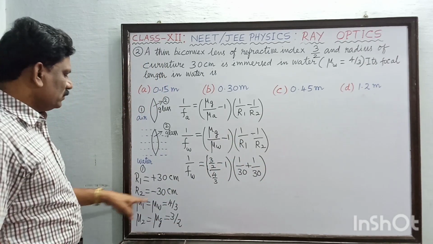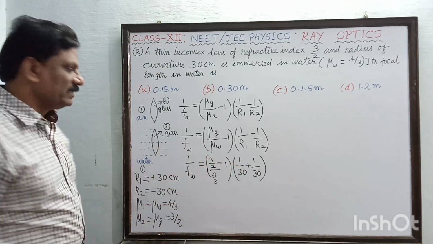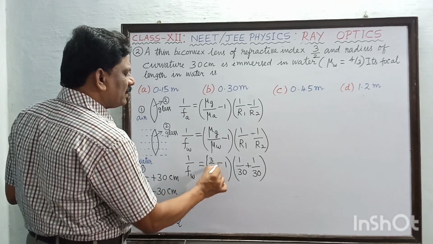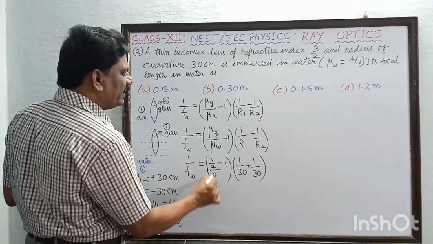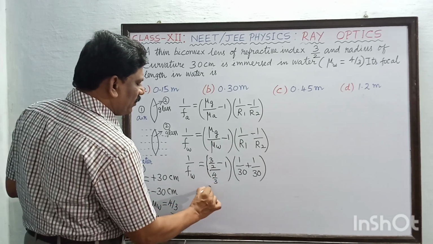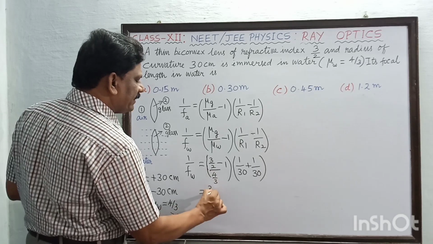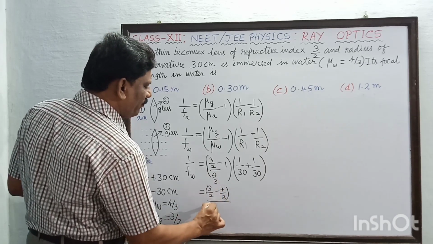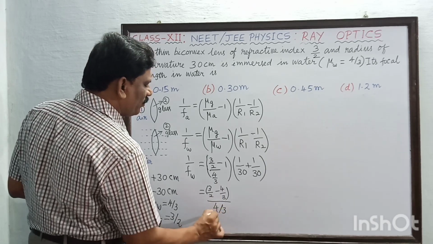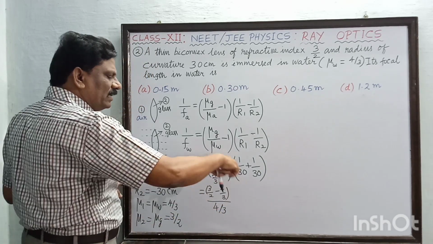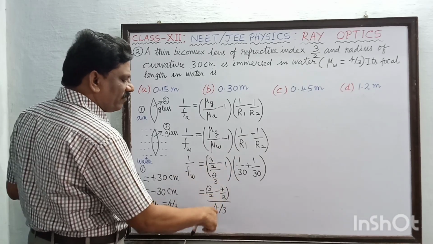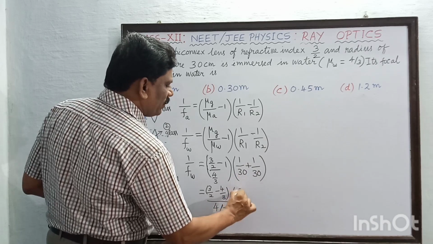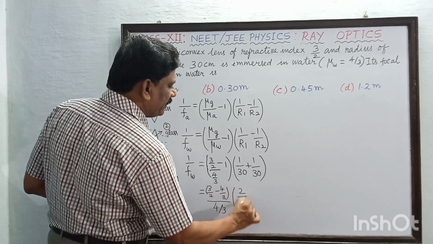So this is equal to 3/2 divided by 4/3, minus 1. Taking LCM, 3/2 minus 4/3, whole divided by 4/3, into 1/30 plus 1/30, which is 2/30.